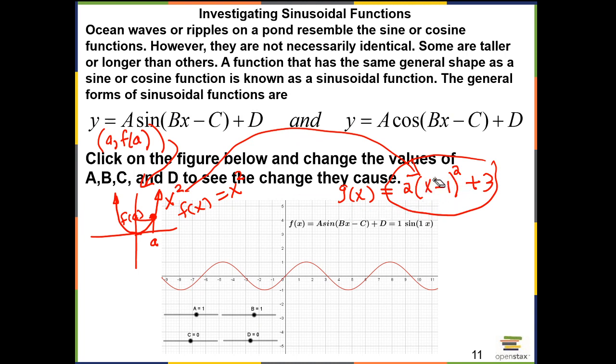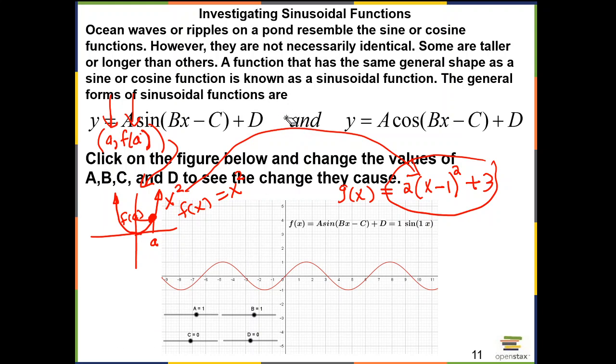We divide the transformations into x transformations and y transformations. What happens to the x coordinates of the points and what happens to the y coordinates of the points? If we know what happens to A and what happens to f of A, which is basically the y coordinate of each point, then we can easily see the new graph, right? We did that in algebra, and we're going to do it with trigonometric functions too. In a moment, I'm going to animate this and show you what happens.